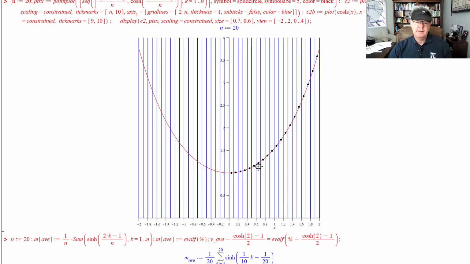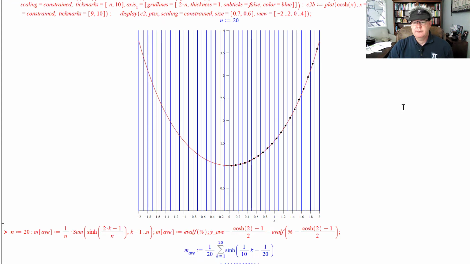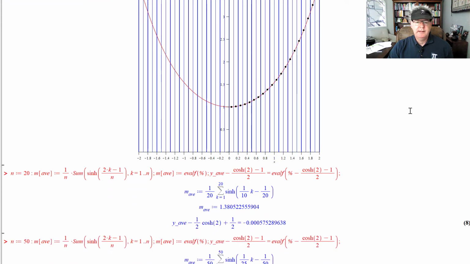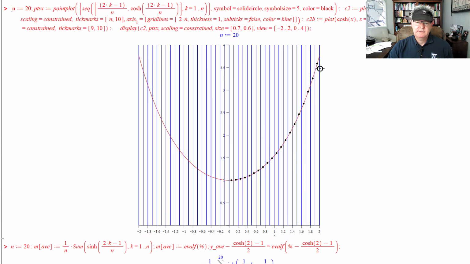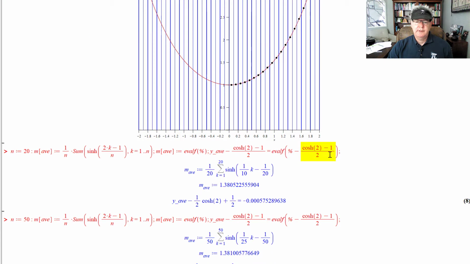They're more dense the lower the derivative is, and they're less dense the higher the derivative is. So what it's going to be, as well, it ends up just being the slope of the line connecting the endpoints. So cosh 2 minus cosh 0, which is 1, divided by 2 minus 0. So here's the average.